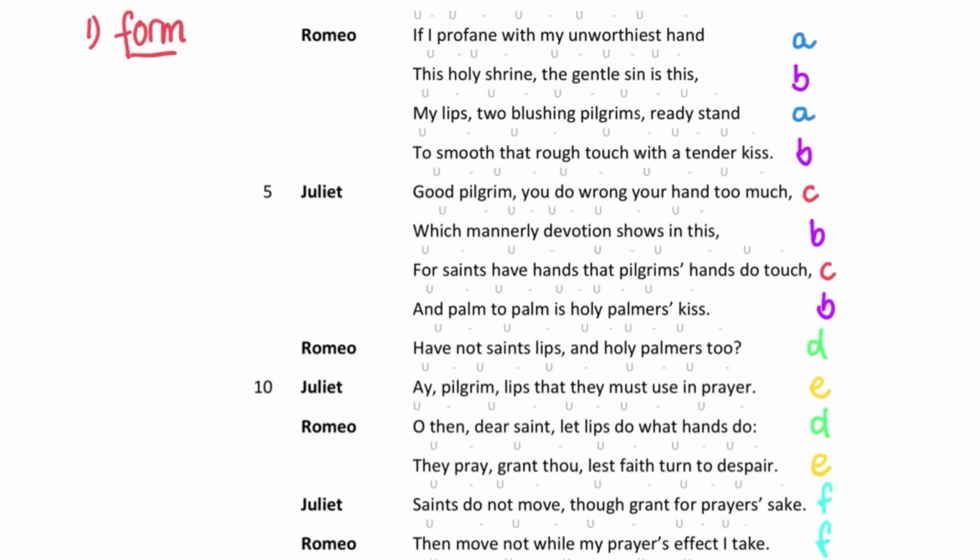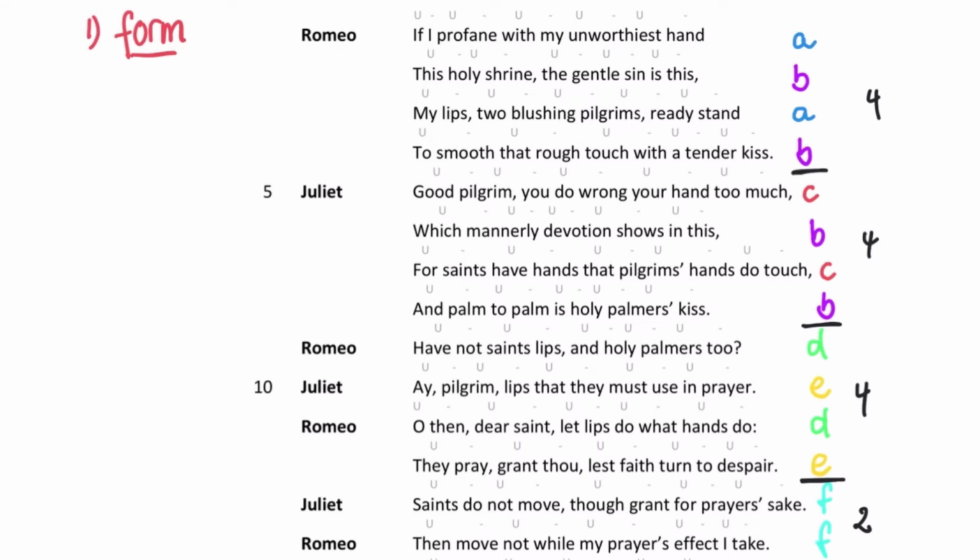So you have 1, 2, 3 quatrains, so 4 lines, and a rhyming couplet. That's the last 2 lines. If you're not sure about sonnets, there's a video you can check.